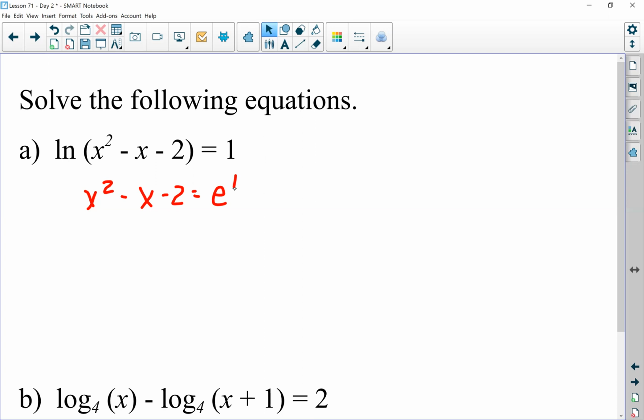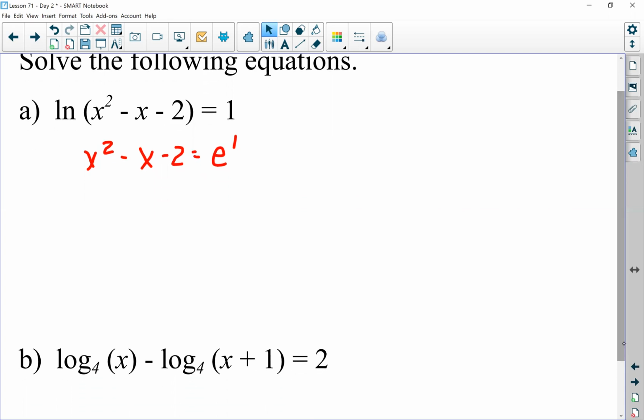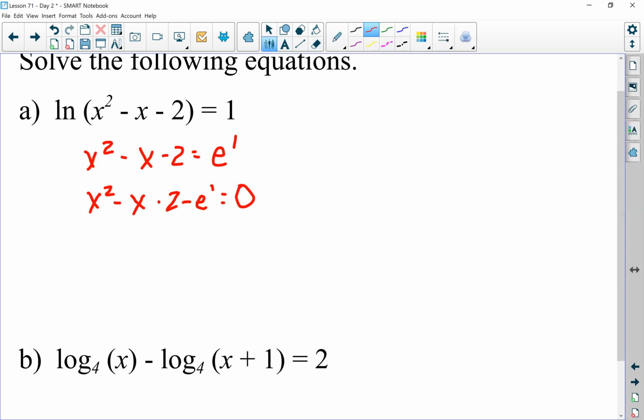Well, we have a quadratic on the left-hand side, and to solve the quadratic, we want to get it equal to 0. So if I subtract e to the first from both sides, I get it equal to 0. I'm going to rewrite this one more time.